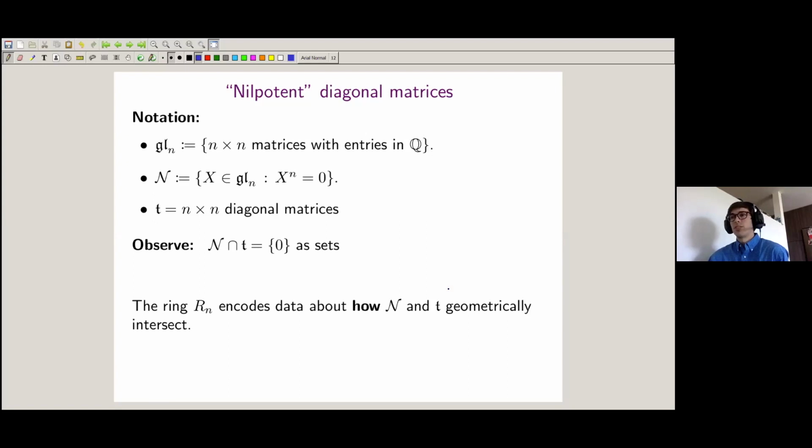So this will be in terms of the nilpotent and diagonal matrices. So here's some notation. GLn is the set of n by n matrices with rational entries. And then N is the set of n by n matrices whose nth power is 0. That's just the set of nilpotent matrices.